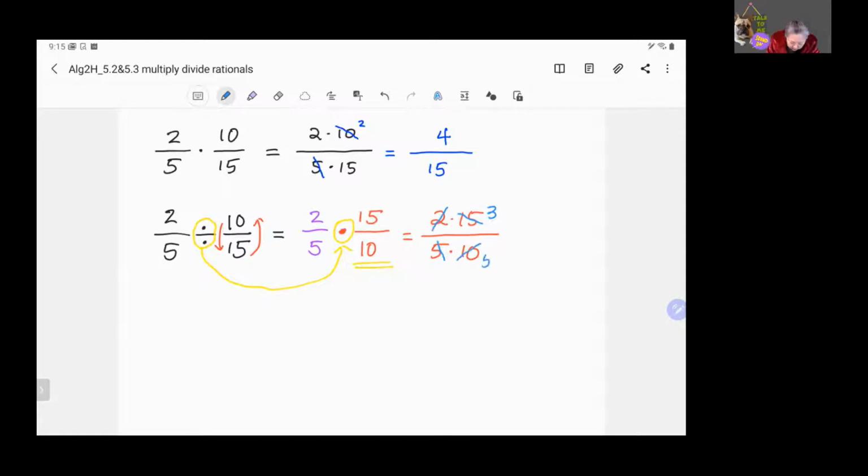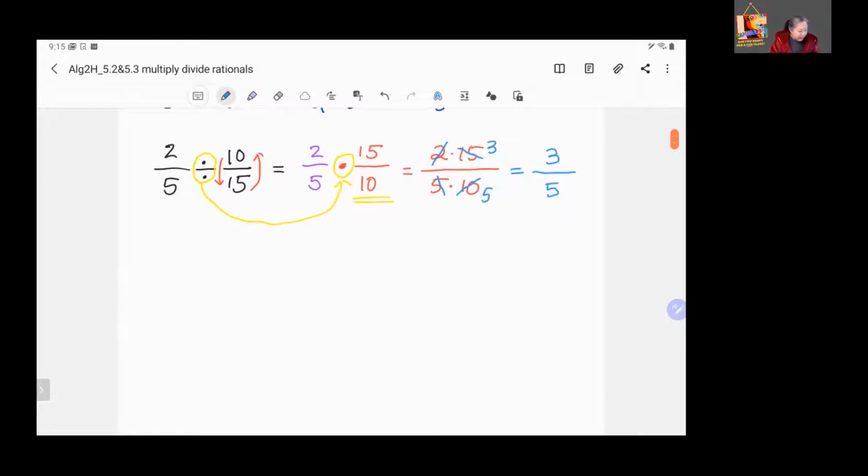Then the result is going to be 5 on the denominator and 3 on the numerator. So these are the typical steps for us to do multiplication and division with regular fractions. Okay, I assume everybody remembers how to do it. Just in case, any question? Are we all good? Should be good, okay.